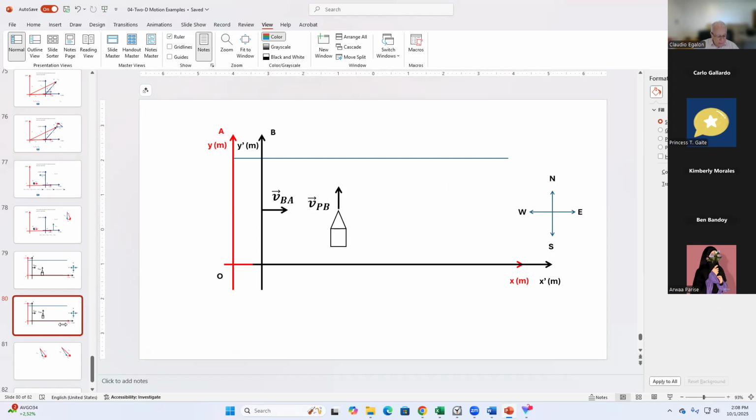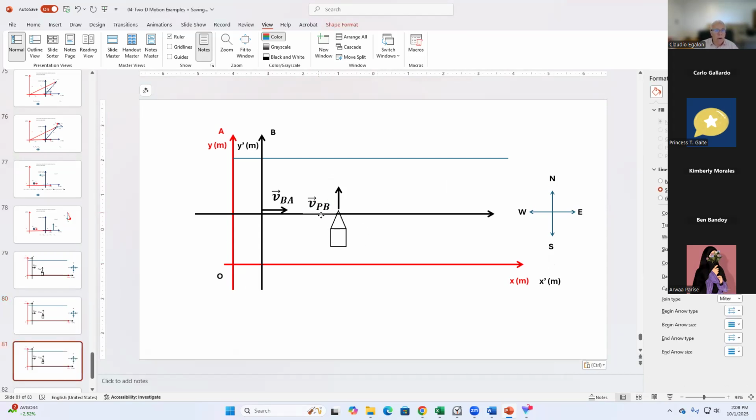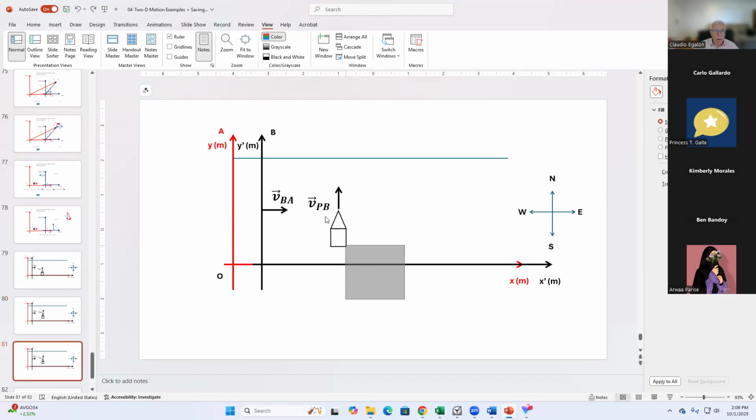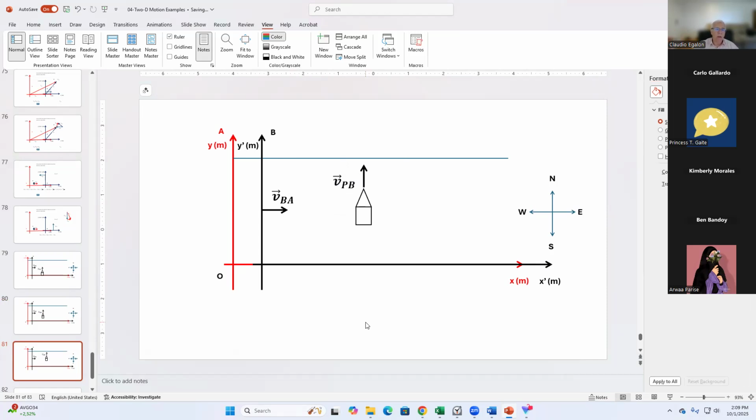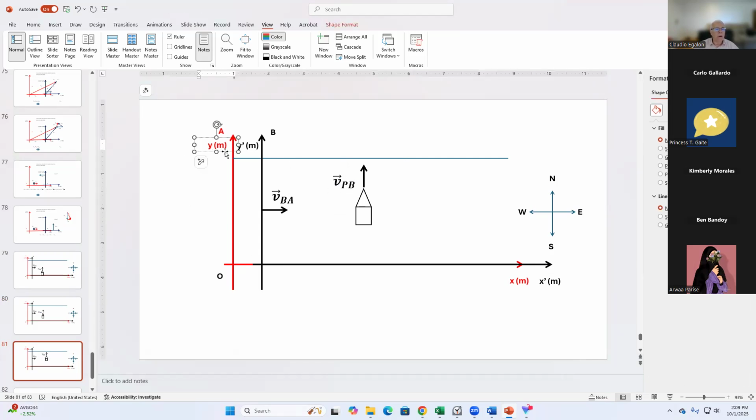So let's play the movie again. The boat is going to continue moving down the stream, but also is going to advance a little bit more towards the other margin. I'm going to put it here: the northern margin of the river.